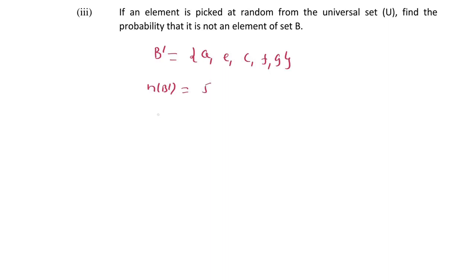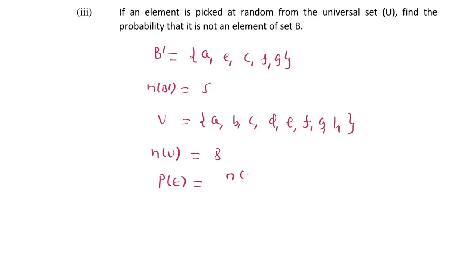Also from the figure, the universal set has elements A, B, C, D, E, F, G, and H. Counting the number of elements in this set, there are 8. From the formula, probability of an event equals number of events over number of sample space.